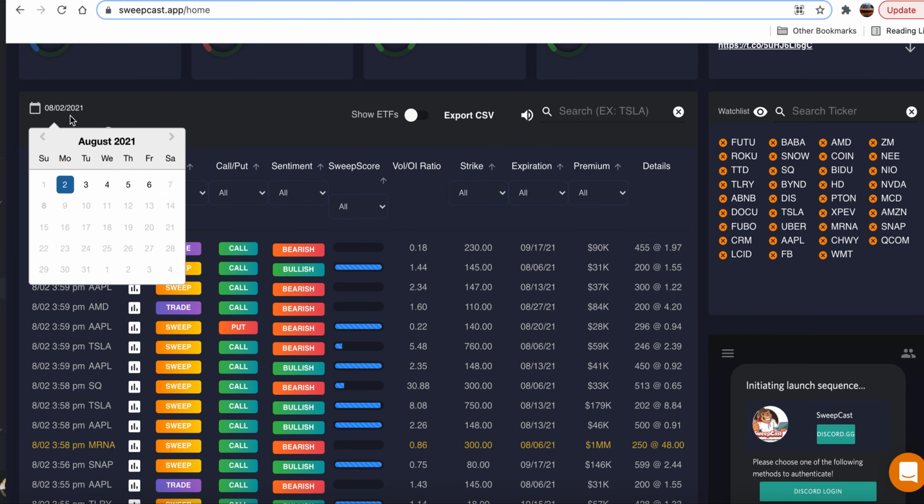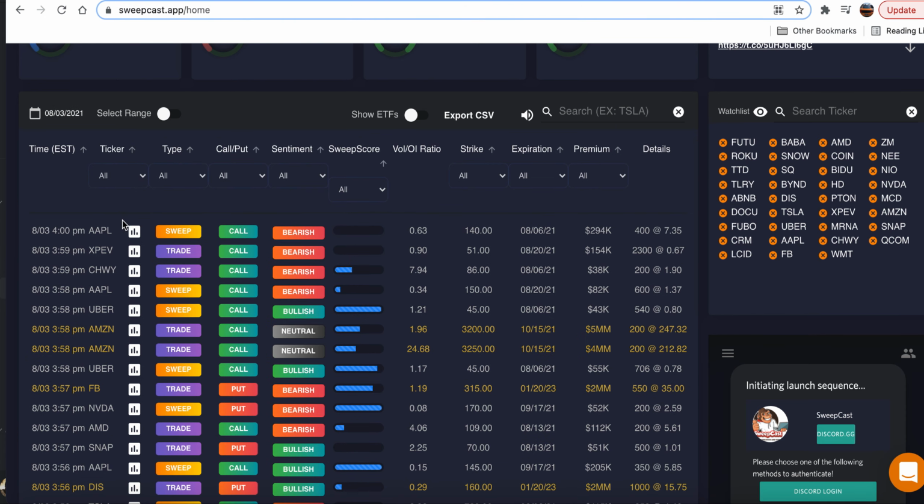Let's look at the next day, 8/3. What really stood out on this day, and I didn't make these trades, is that as you get familiar with Sweepcast, you're going to know what tickers are very common, and you can kind of ignore them sometimes, and what are not very common.